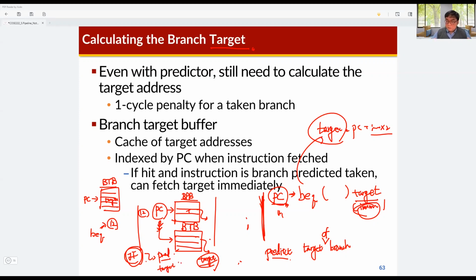So in this case, based on the prediction result, the next instruction can be fetched immediately for the next cycle. Do you understand?